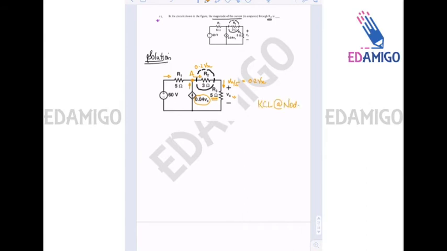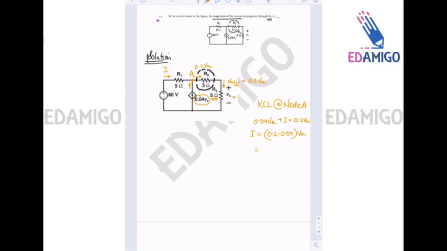Okay, so KCL at node A. So incoming current is 0.04 Vx. Incoming current, let us say I, and the outgoing current is 0.2 Vx. So I is equal to 0.2 minus 0.04 Vx.